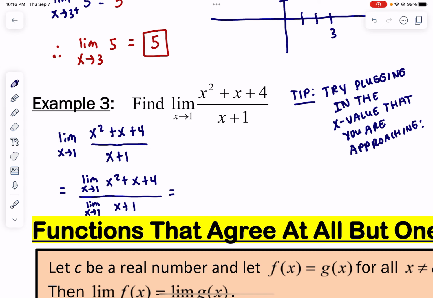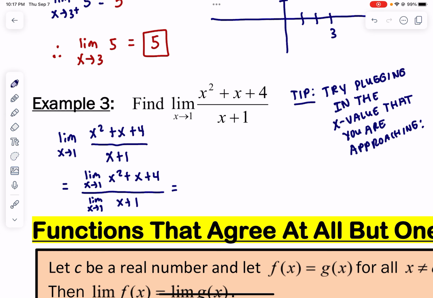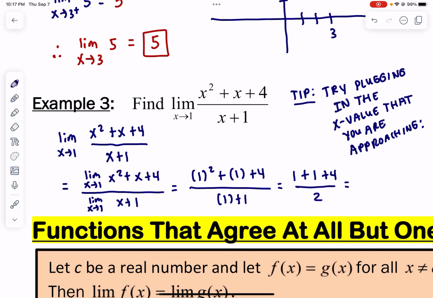And then now we can plug in x equals 1 into these terms. So let's go ahead and do that. So you should get 1 squared plus 1 plus 4 all over 1 plus 1. And you get 1 plus 1 plus 4 all over 2, which evaluates ultimately to 3. And there you go.